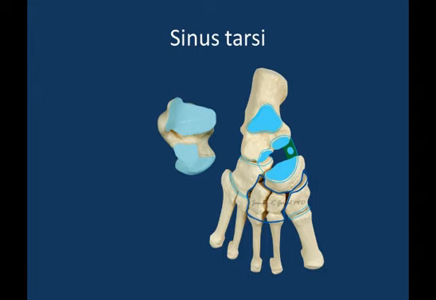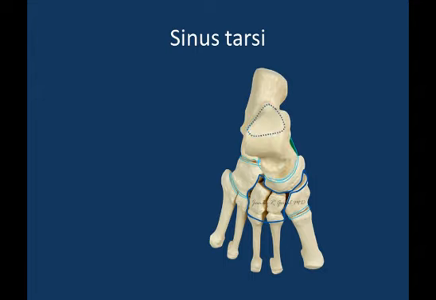When both talus and calcaneus articulate with each other, the sulcus tali together with sulcus calcanei create a tunnel between the posterior and middle articular facets of calcaneus and talus, known as sinus tarsi.